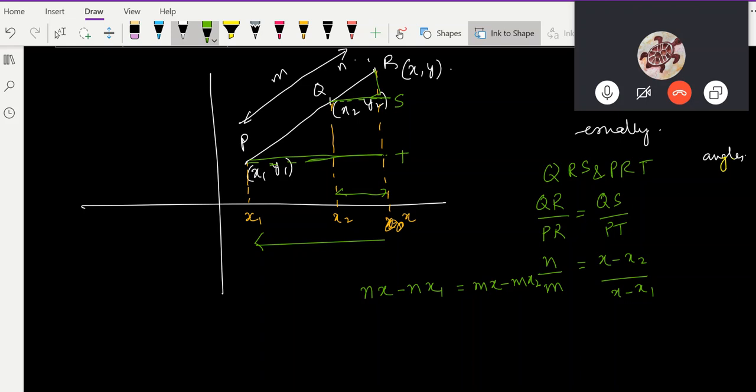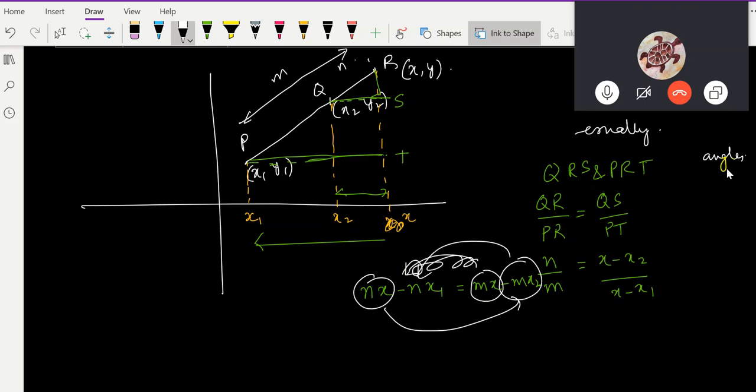So now I will bring all the x terms on one side. I'll do it the other way because m is bigger. So I'll bring this term here, and I will bring this minus x to this side.